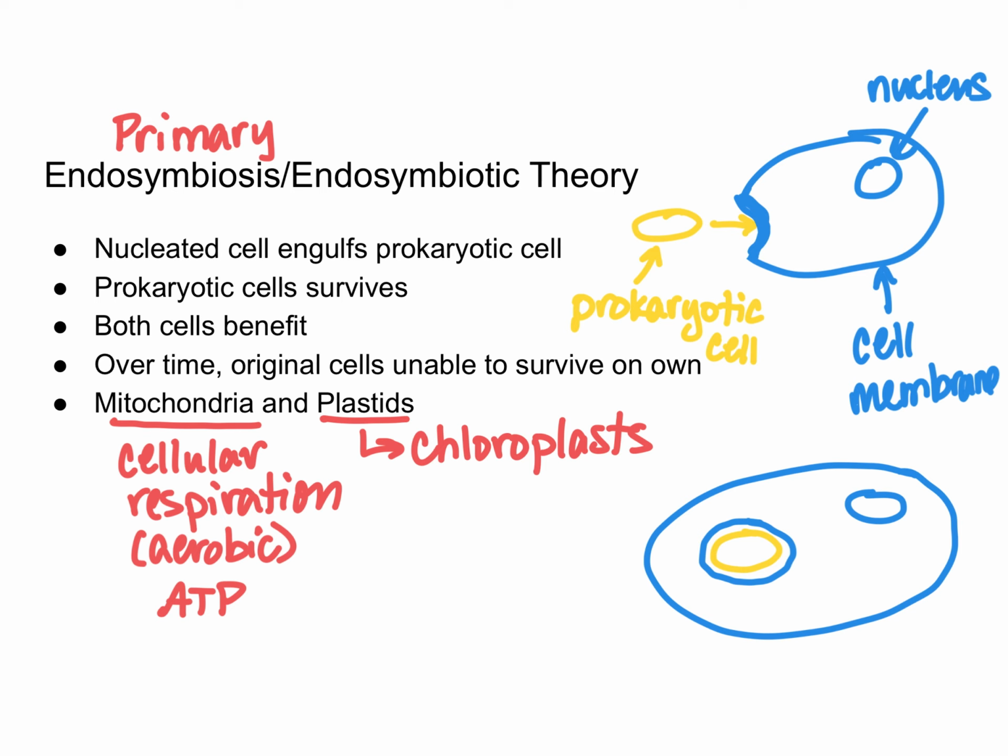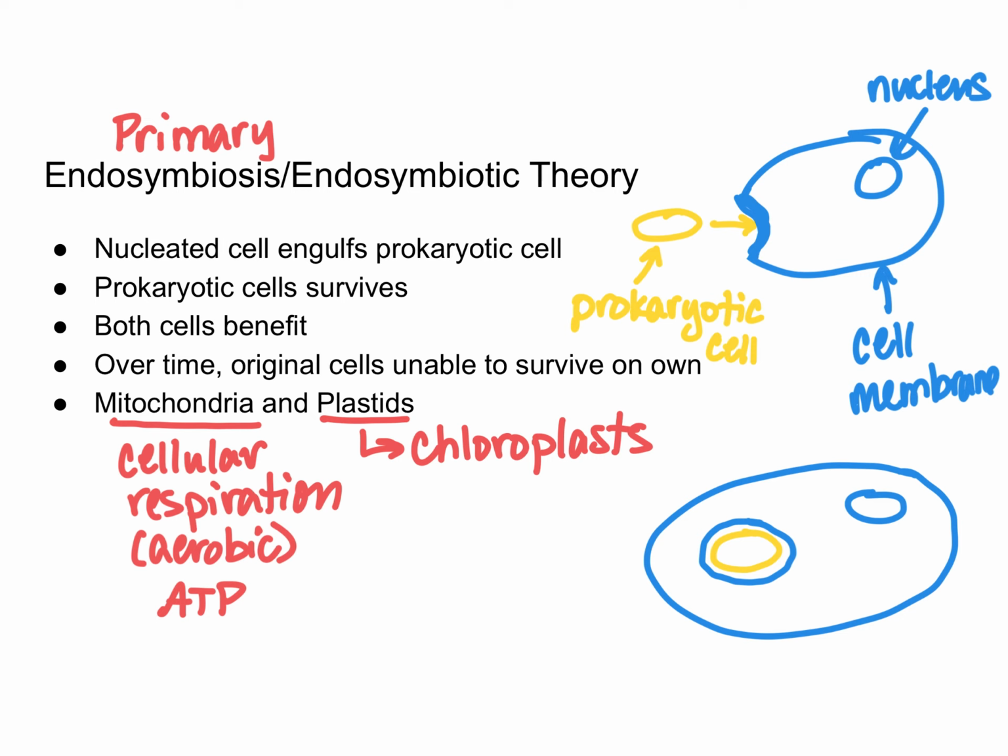So that's the symbiotic relationship, in that the engulfed cell provides some sort of advantage to the bigger cell, and the bigger cell provides an advantage to the smaller cell. And then over time, these two cells become so integrated with each other that if you were to try to separate them, they're not able to survive on their own.